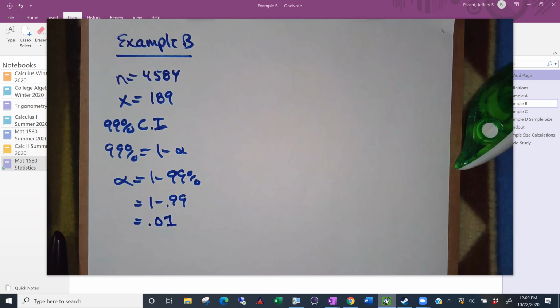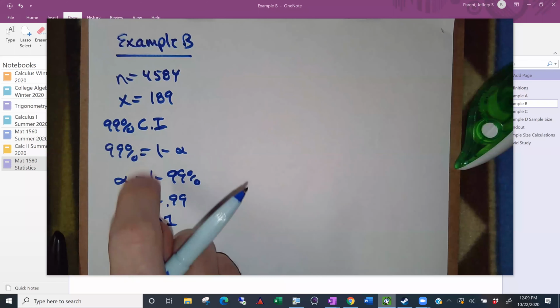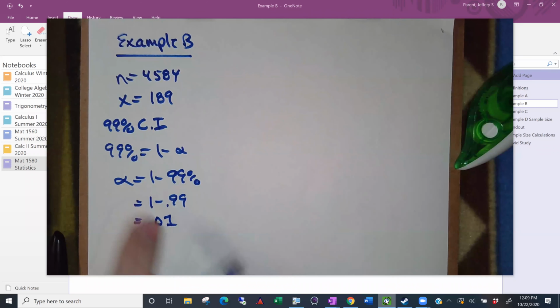Perfect, 0.01. Just so you know, that's your level of confidence. We're going to find a 99% confidence interval, but on the other end, alpha is 1%. You should be able to find things like Z alpha over 2 using the proper Google Sheet command or statdisk or your graphing calculator. But for now, we're going to use statdisk. So let's make our life easy.